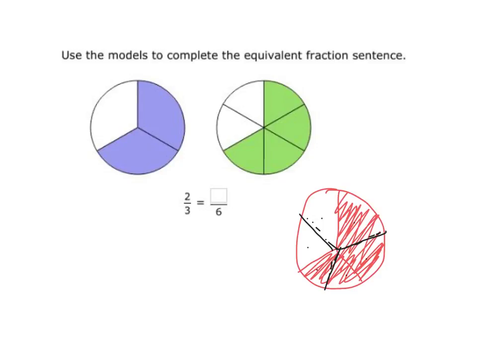I'm just taking my thirds and cutting them into halves to make another equivalent fraction. I didn't change my shaded area at all. So 2/3 equals 4/6. Different fractions, but they name the same amount.